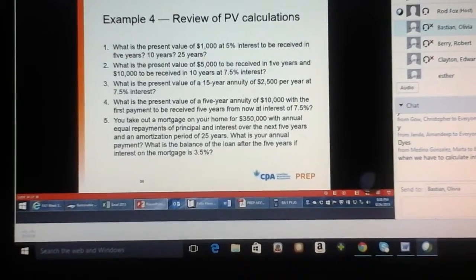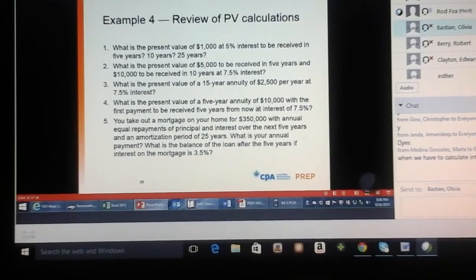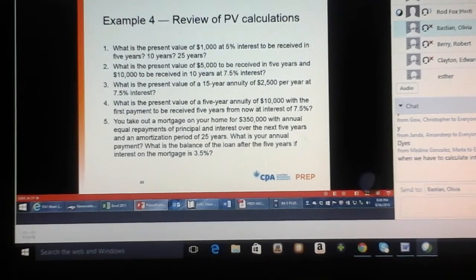Okay, so the good thing about these slides is they'll give us the example on a different slide, and then I can bring my calculator up and go through them. So if you guys want to find example number 4, we'll work through the first one together.